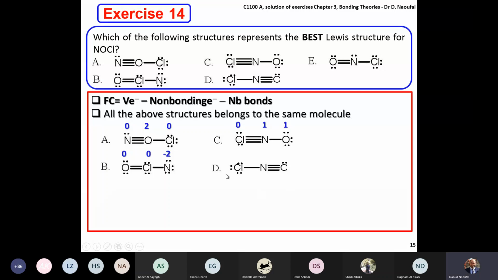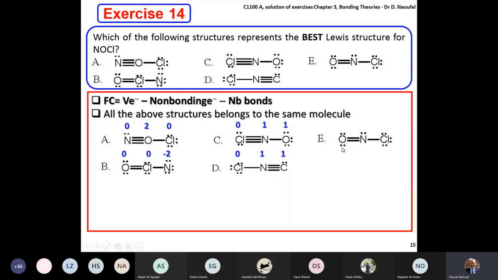In D, 7 minus 6 minus 1, so 0. 5 minus 0 minus 4, so plus 1. For this oxygen, 6 minus 2 minus 3, so plus 1.